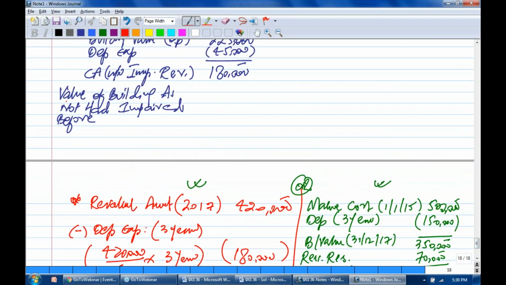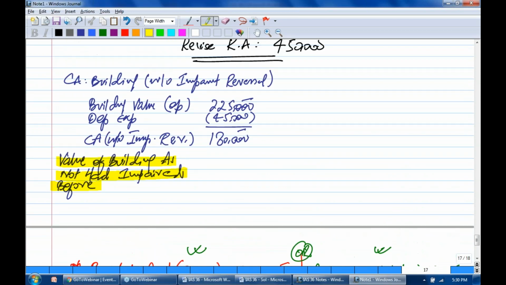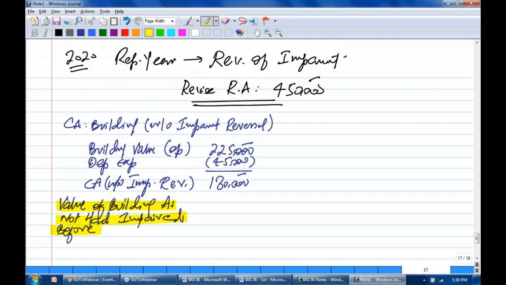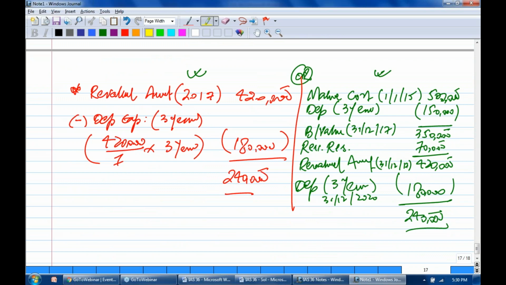Value of building as not had impaired before. So that's value is amount with respect to 2,40,000.